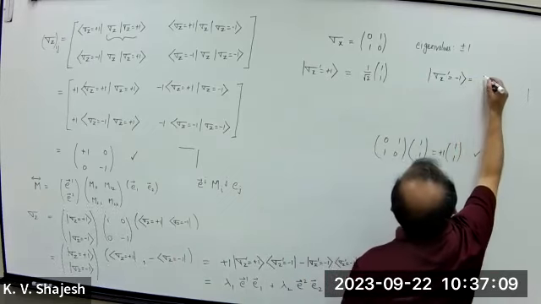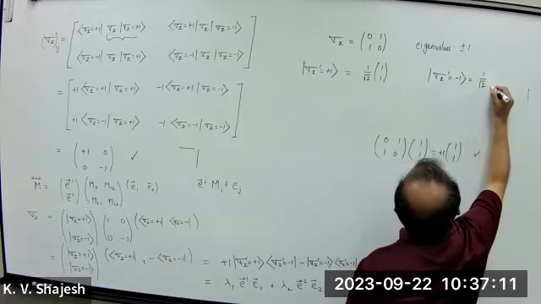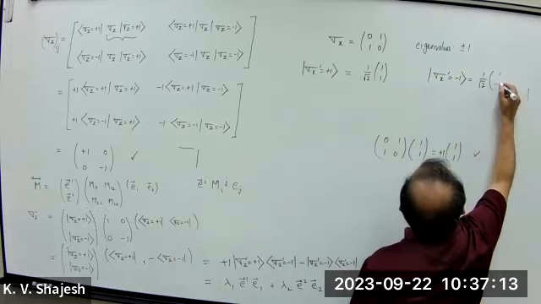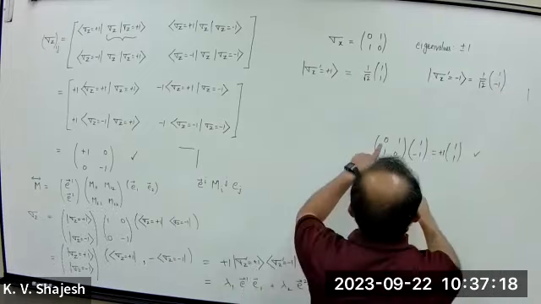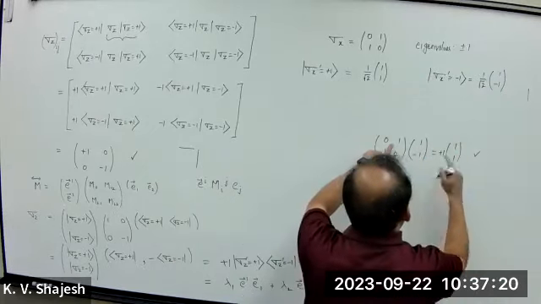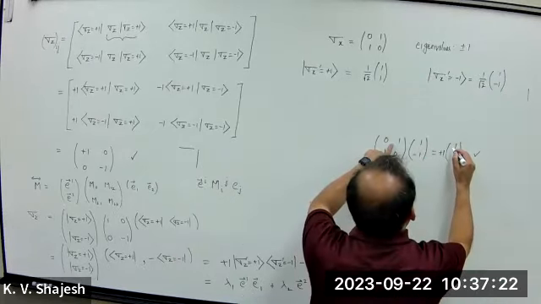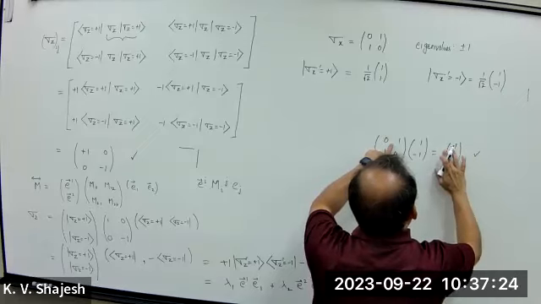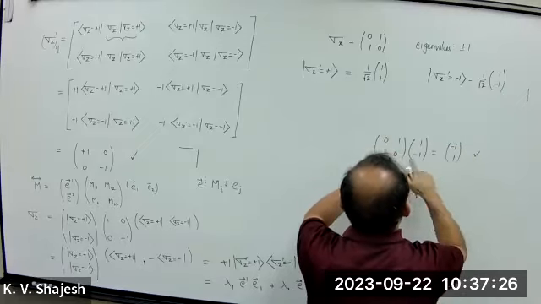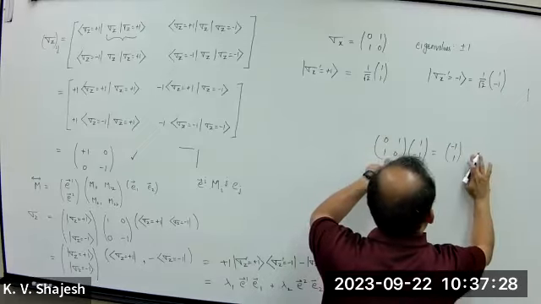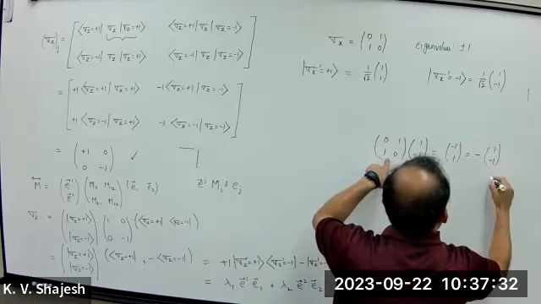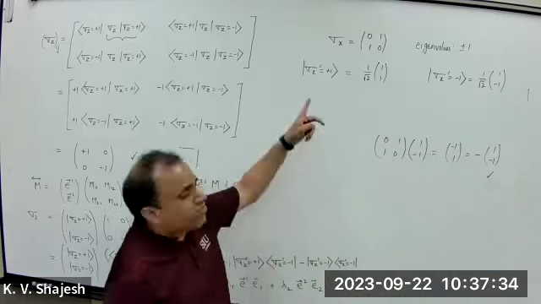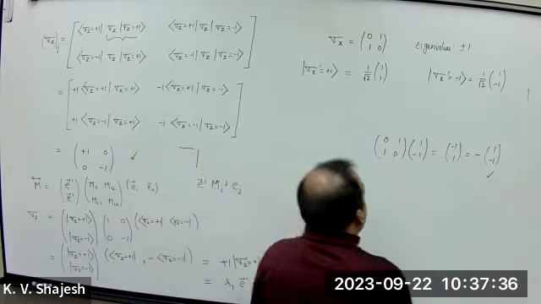That's equal to 1/2, check it in a minute, 1 minus 1. So if it is minus 1, 0, minus 1. 1 minus 1, but then write this as minus of 1 minus 1, and that's your eigenvectors.